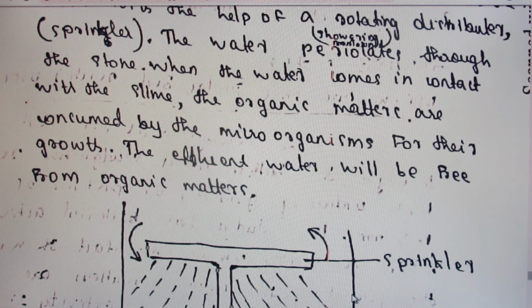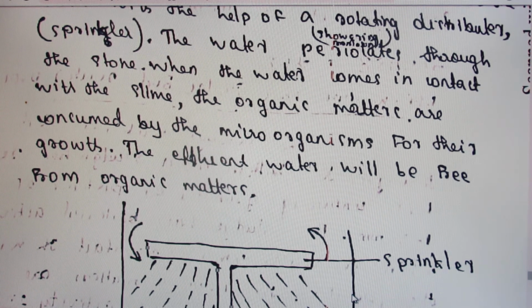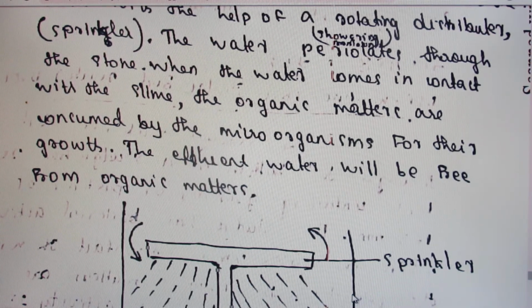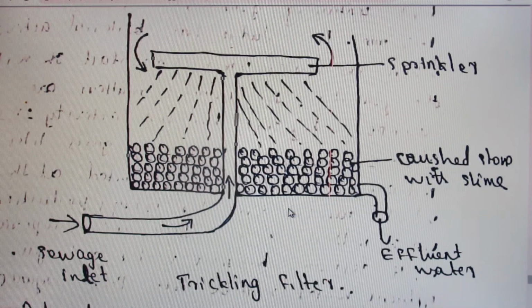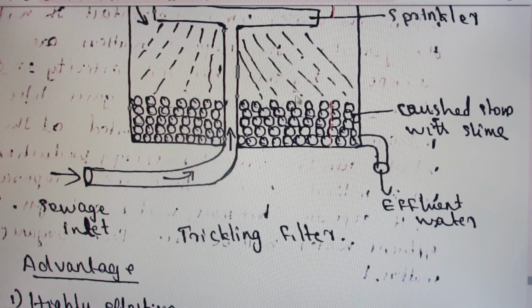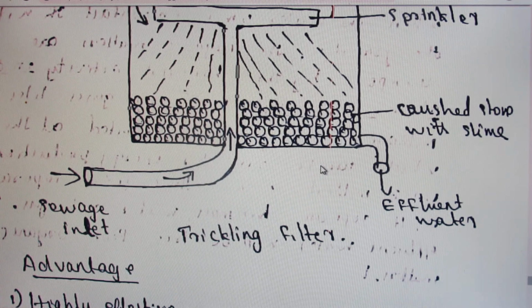That means the carbon component, if present in water, is removed as carbon dioxide, and the effluent water will be free from organic matter after passing through this trickling filter or aerobic filtration method.